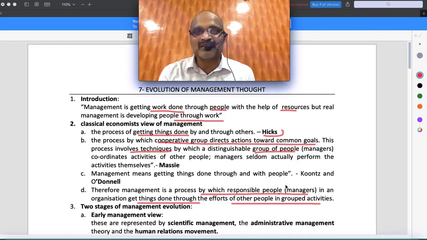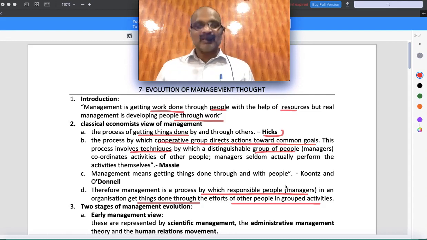Management is about getting things done with the help and support of all other people. And it is not only other people, it is about the technology we use, the resources we use, the people we use, and all these things must have coordination. If one particular person is doing very well but the technology is not good, or if people are good and technology is good, but the coordination is not there.